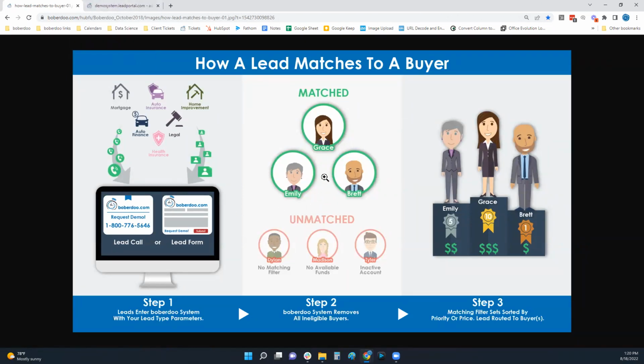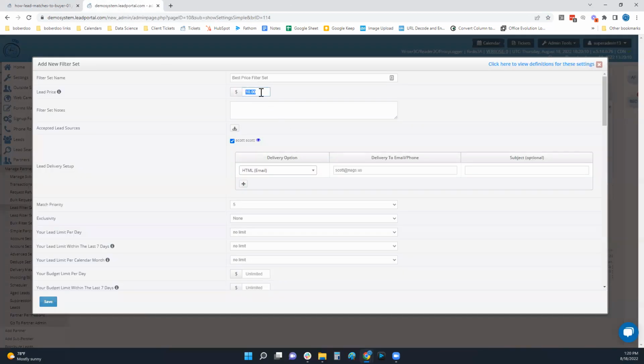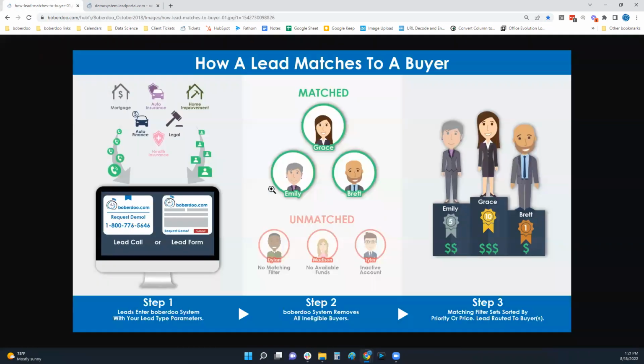So when a lead comes in, if this filter set matches, we're going to use $10 and compare that against the other lead price of the other filter sets. We will compare that $10 against any dynamic bids returned from a lead buyer as well.